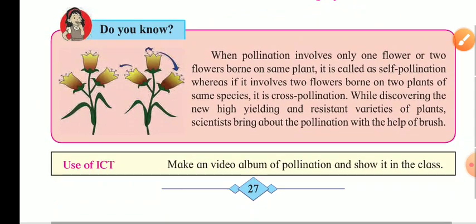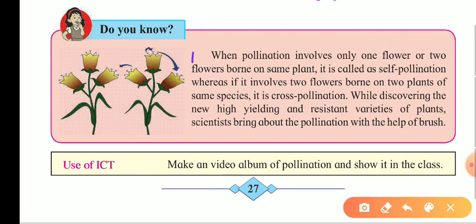After the fertilization, the ovary gets converted into a fruit, and the ovule gets converted into a seed. Here they have given that when pollination involves only one flower, or two flowers born on the same plant, it is called self-pollination.